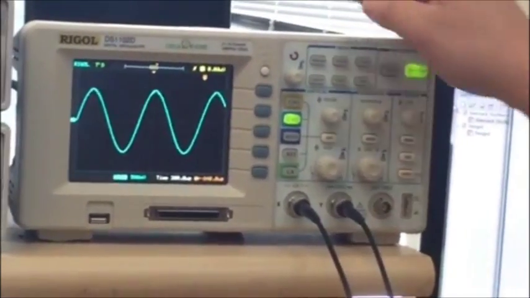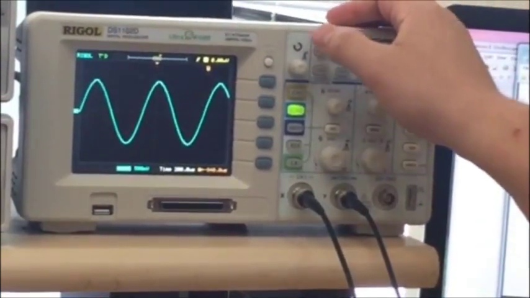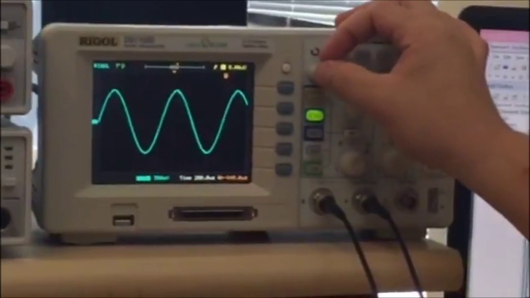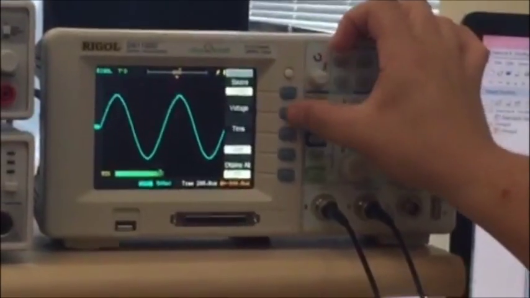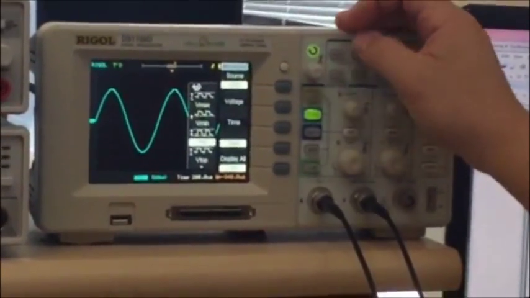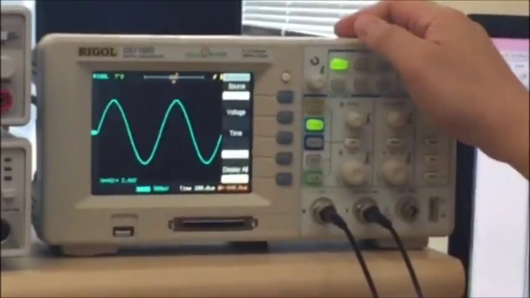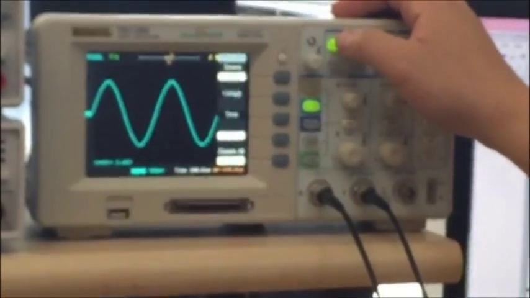Now we're going to measure the new school method on the oscilloscope. First we're going to find our voltage peak to peak. It's right here, 2.46. Then we're going to find our voltage RMS.